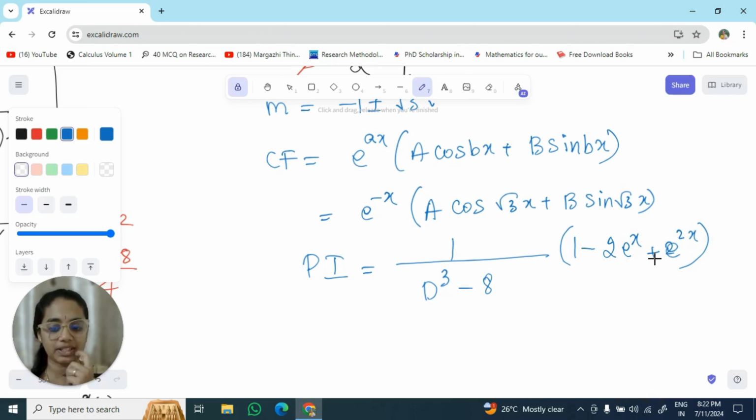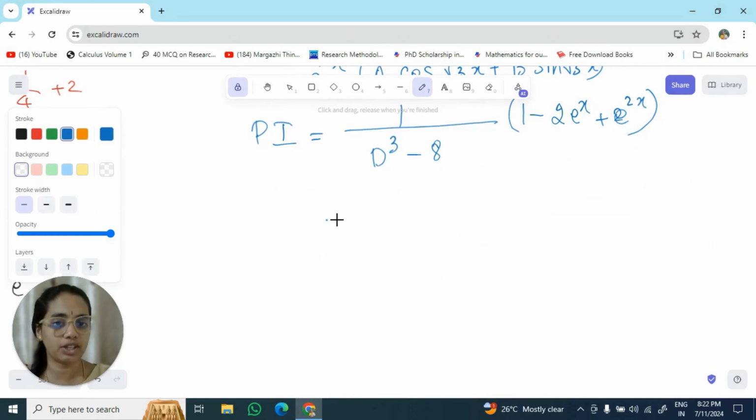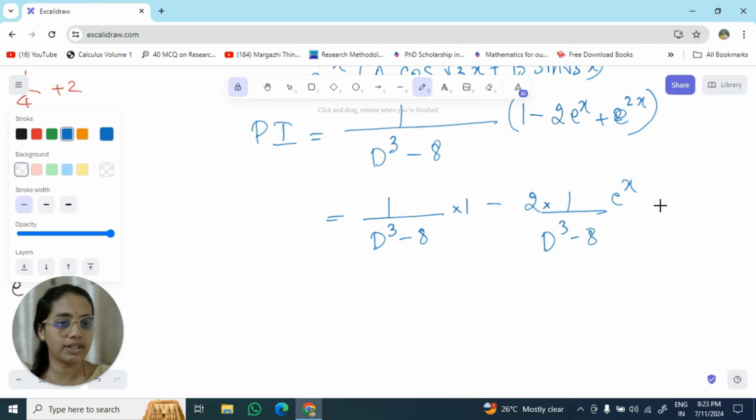We had (1 - e^x) the whole squared. Now let us multiply: give 1 by (D³ - 8) to each term. We would get 1/(D³ - 8) into 1, minus 2 into 1/(D³ - 8) into e^x, plus 1/(D³ - 8) into e^(2x).